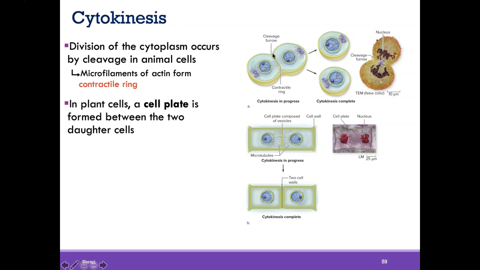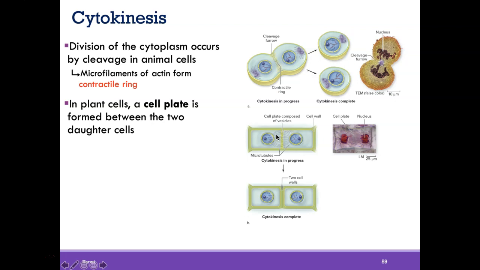Microfilaments of actin, if you remember, actin is another cytoskeletal protein, form a contractile ring. And as this ring cinches, kind of pinches off, the cleavage furrow is showing this is the cleavage. The contractile ring is made of actin, and kind of like a purse string, cinches these. So the two cells are divided, and cytokinesis is complete.